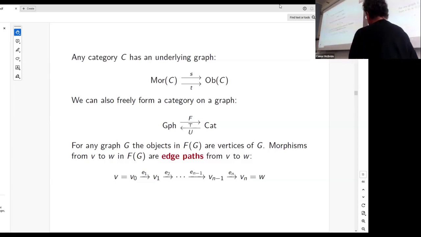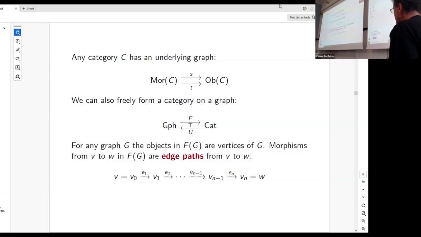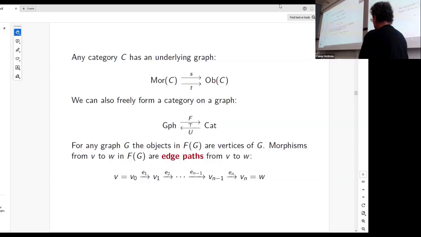Well, for any graph G, the objects in this free category on G will just be the vertices of G, but then the morphisms from one vertex V to another vertex W will be what we call edge paths from V to W. So they will be a sequence of edges and the source of the first one is your initial vertex V, and then you march on and on.